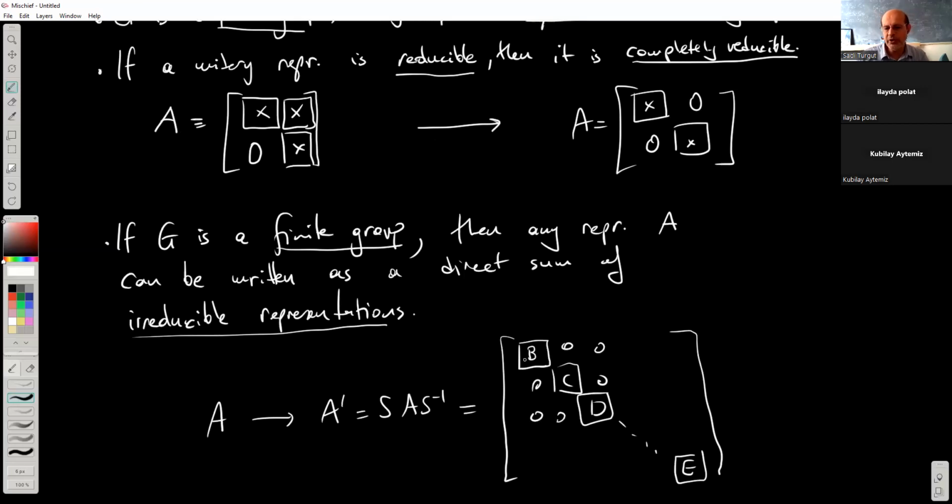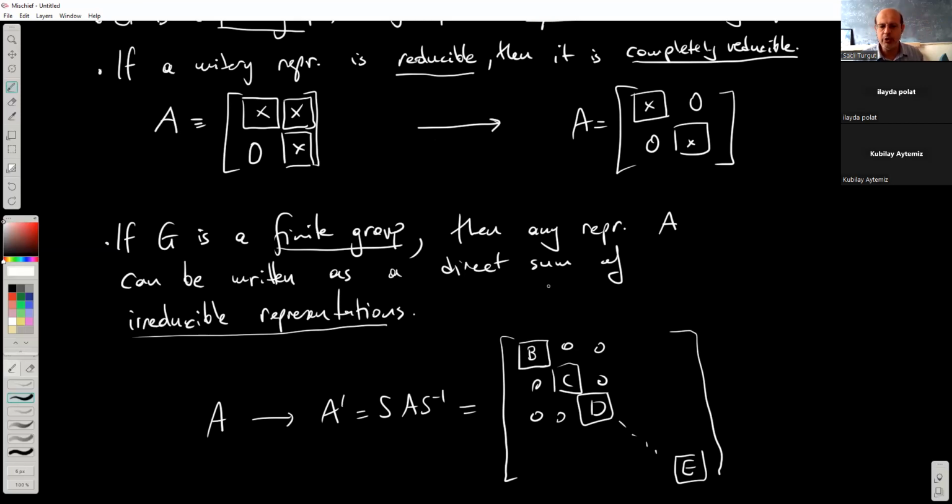And I can continue this for each diagonal block. So if that block, for example, is reducible, I can make this block diagonal in smaller blocks. So I'm going to assume that I have done this all the way through. As a result, each block that appears in here is irreducible, right? It's not reducible. Okay.